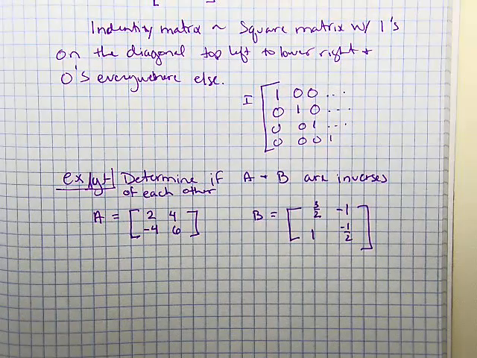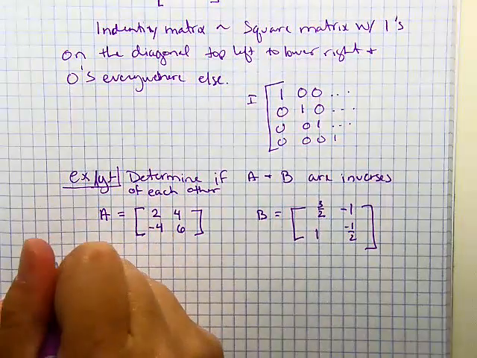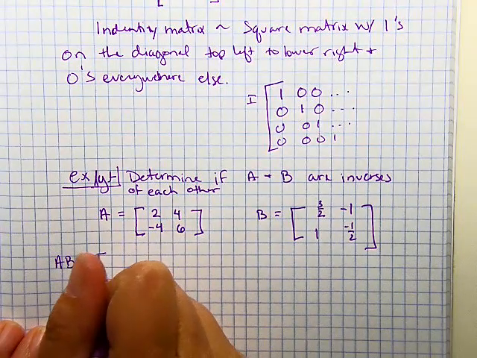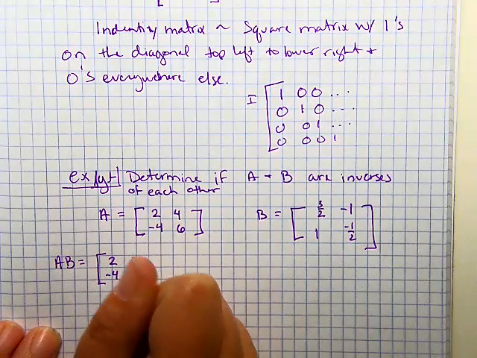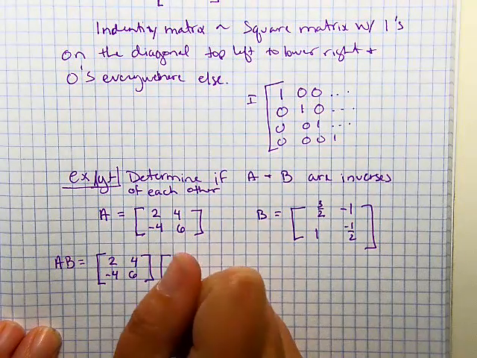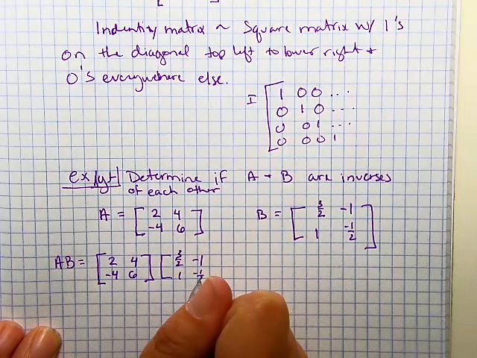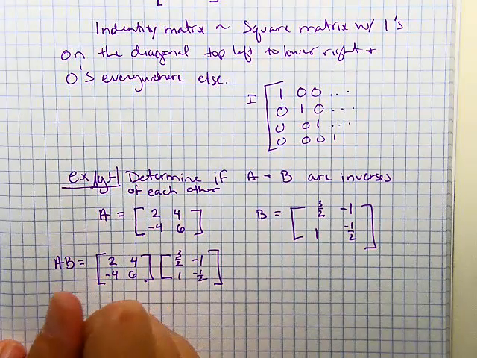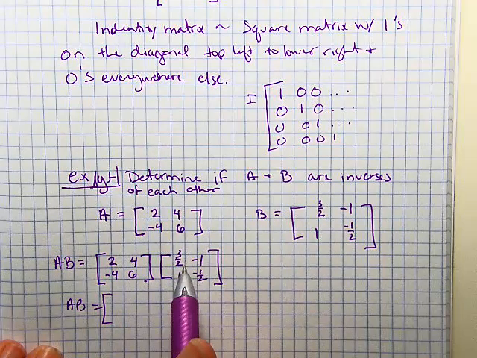And so I'm going to make this an example your turn where I'll do AB. Well, then I guess we'll see if we even need BA. So I'm going to do 2, 4, negative 4, 6 times 3 halves, negative 1, 1, negative 1 half. And I'm going to multiply rows into columns. So 2 times 3 halves.